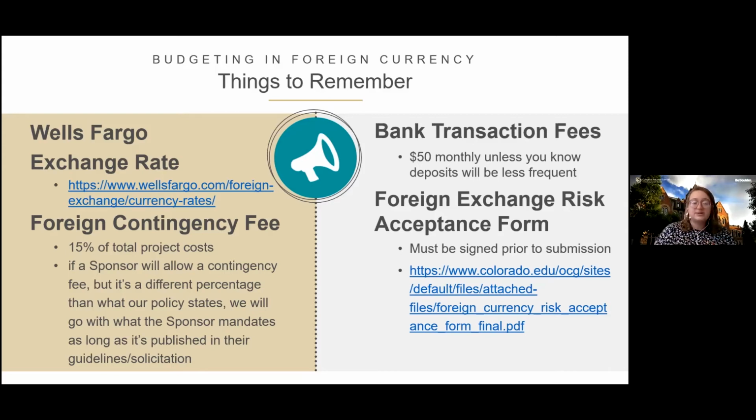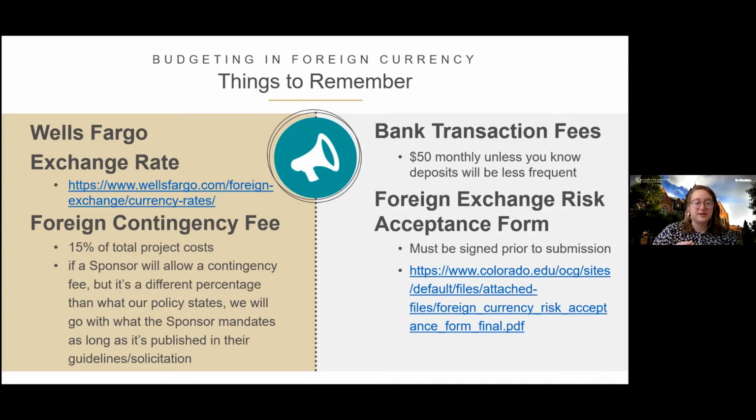It's important to note that if all of that money is not needed to cover fluctuations, it will be reallocated and available to our PIs to complete the scope of the project. That money is not held by the university in any way. It goes to the project to make sure that the science is done and that our researchers have the resources that they need.